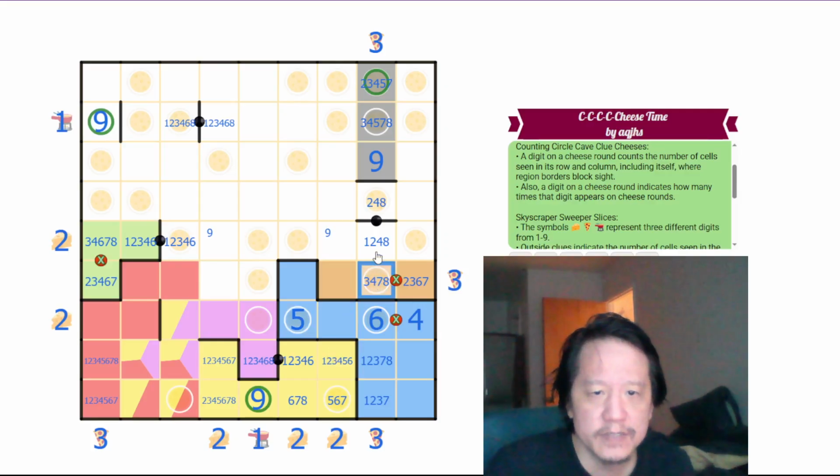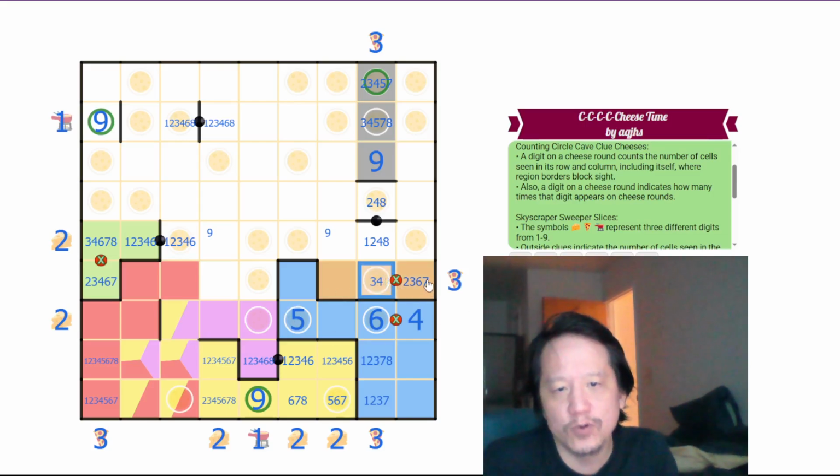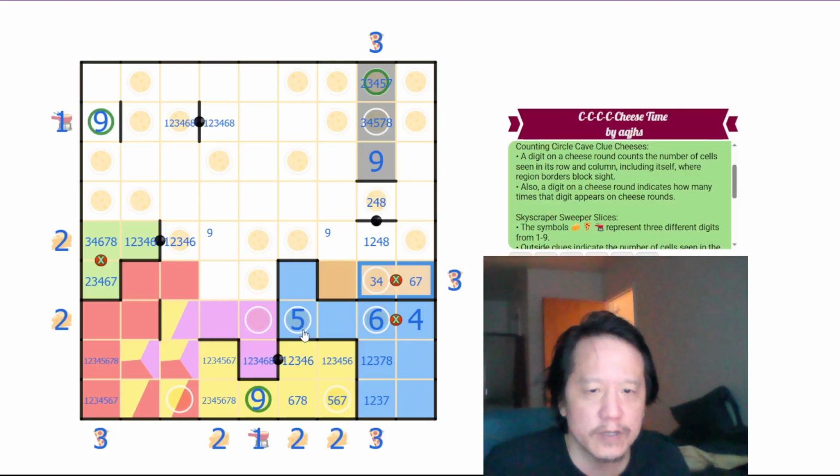This sees, at most, 3 or 4 cells because it sees either that one or these 3 by themselves. So this is 3 or 4. That this has to then be 6 or 7 correspondingly. This sees 5.